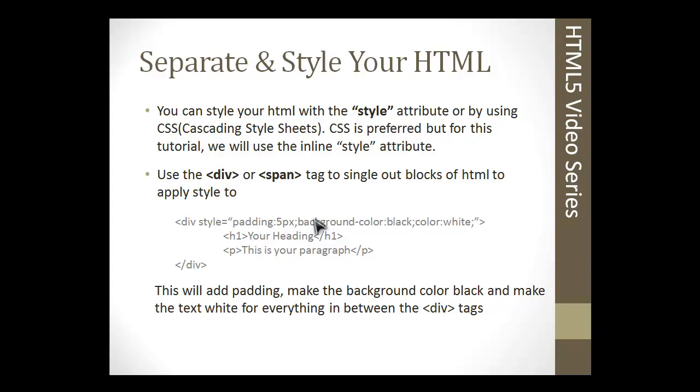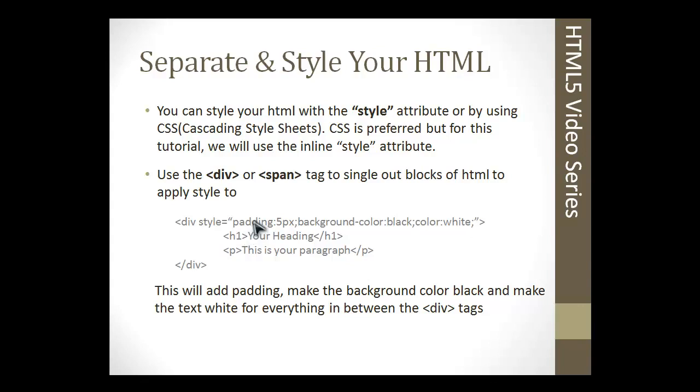We're going to have, first of all, what we have here is an H1 heading and a paragraph. Very simple. And it's wrapped in the div tag with padding of 5 pixels, a background color of black, and color of white. So what this means is this block right here is going to have a padding of 5 pixels.